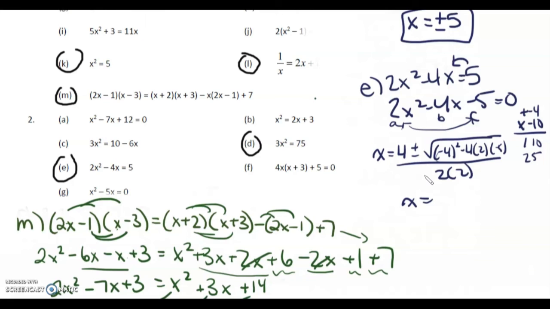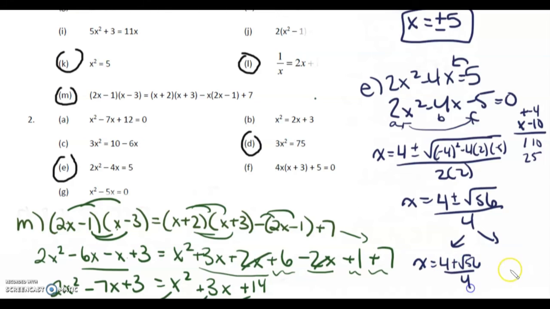So 16 minus 4 times 2 times negative 5, oh, add them, 56. So I get 4 plus or minus root 56 over 4. So I'm going to break those down into x equals 4 plus root 56 over 4, and x equals 4 minus root 56 over 4.